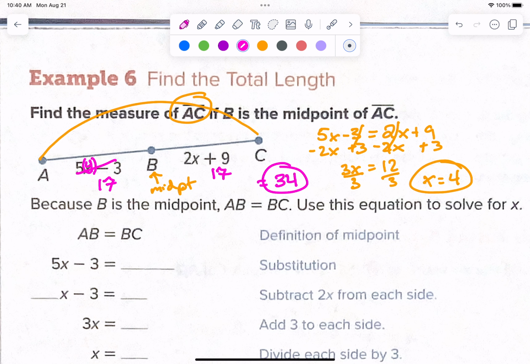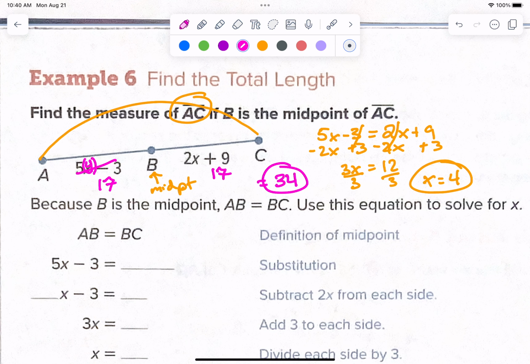We'd have to say this guy plus this guy, and then they'd have to give me the full length equals that guy. Does that make sense? Remember we did that the other day? So if they don't tell me it's the middle, I would have to do the left side plus the right side equals the total length, and they'd have to give me the total length, okay? But if they tell me it's the middle, I can just set those two equal, and I don't need to know the total length. Okay, make sense?